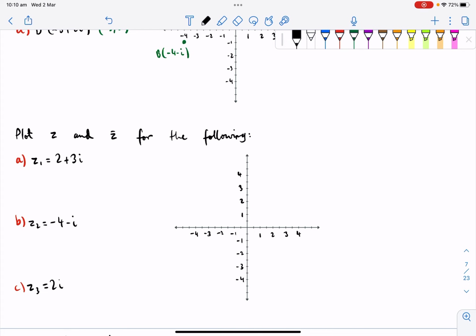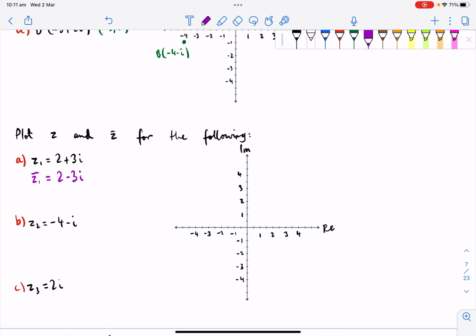Okay, so we have our imaginary axis, our real axis, and we're going to plot these and their complex conjugates. The first one, 2 plus 3i, and we're going to write z1 bar because it's the complex conjugate of that, which is 2 minus 3i. I'm going to plot these both on the same graph, and you're going to see how it looks graphically.